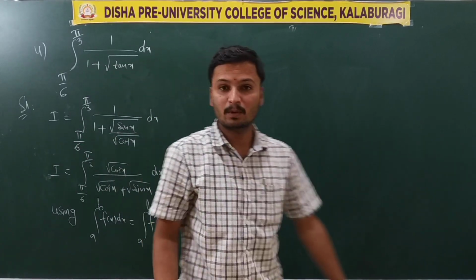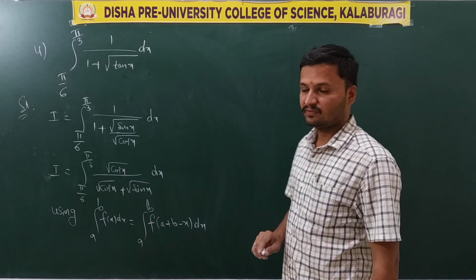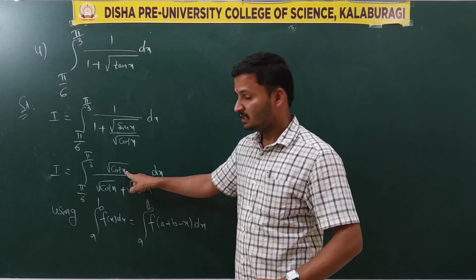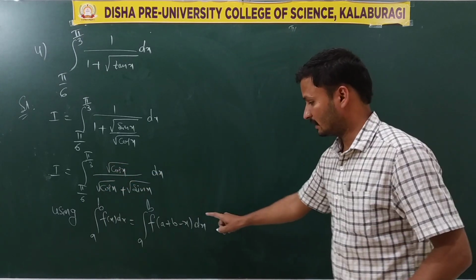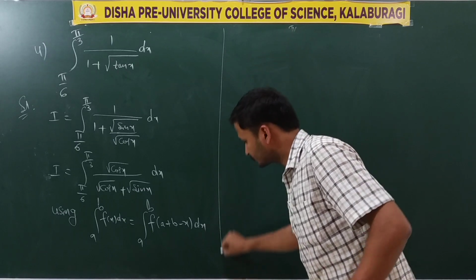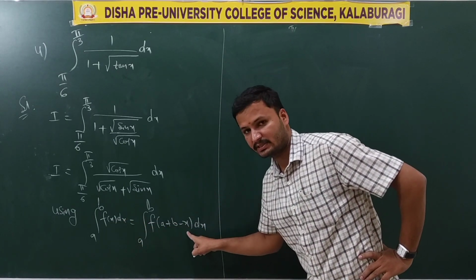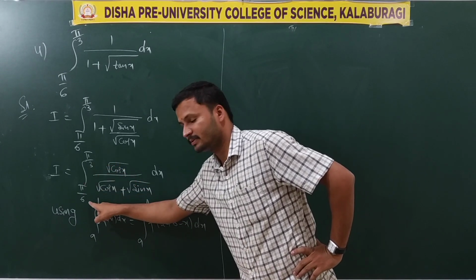We must use this property. Here a is pi by 6 and b is pi by 3. That means x is replaced by pi by 3 plus pi by 6 minus x. That is, x is replaced by a plus b minus x.